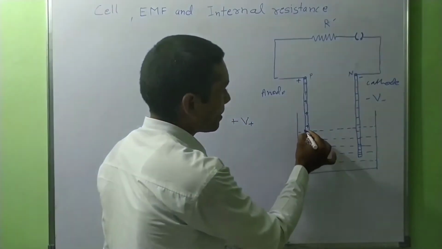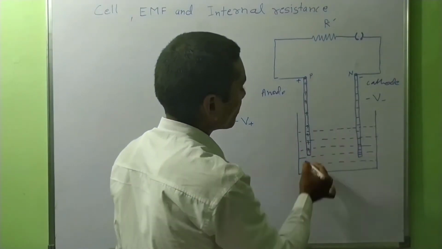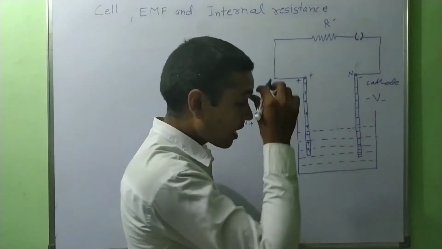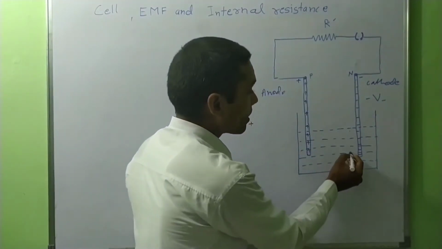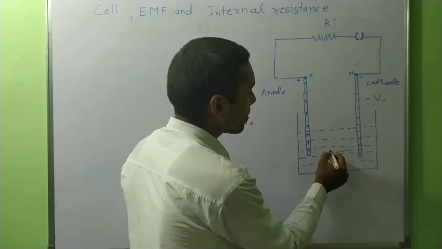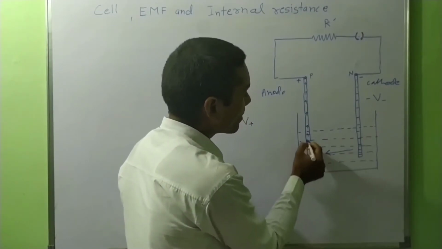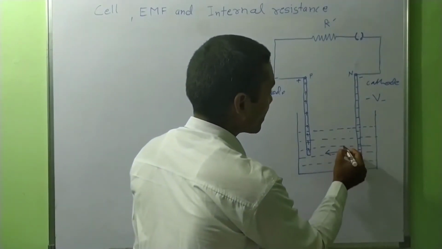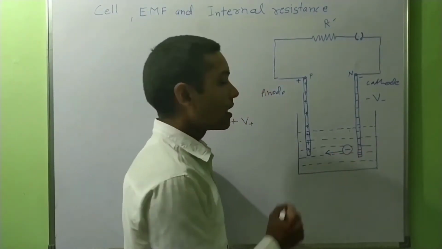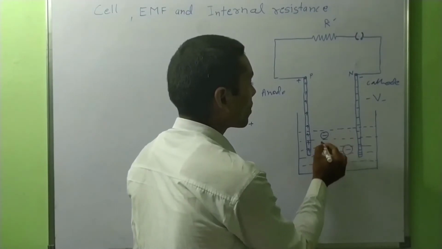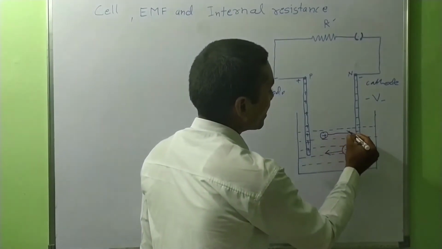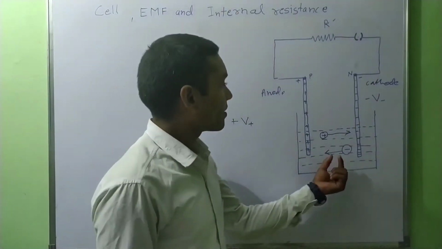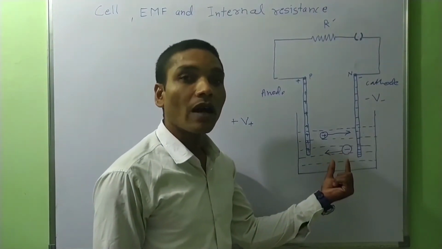Okay, because on the surface of this electrode, positive potential is there, that's why cation or negative ion will move towards the positive electrode, and the positive ion moves towards the negative electrode. Okay, and there are two types of ions.